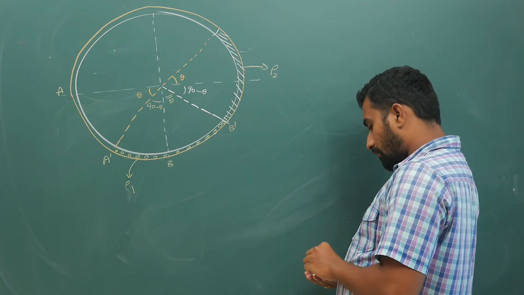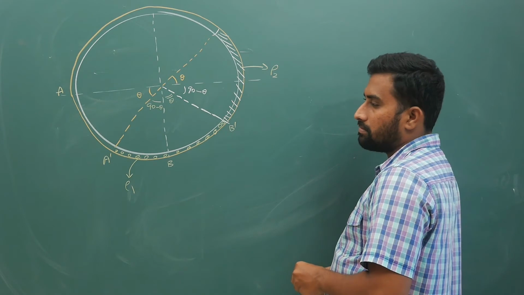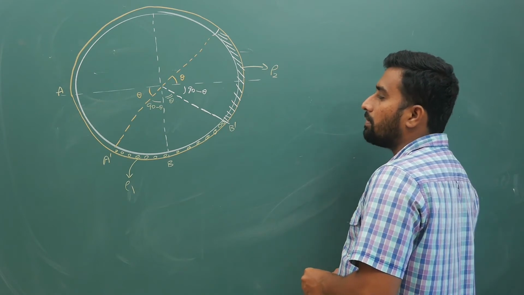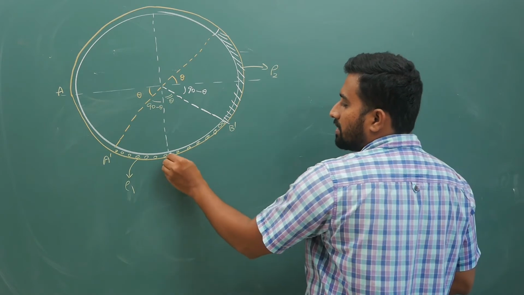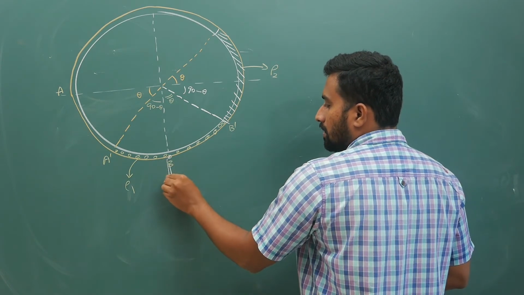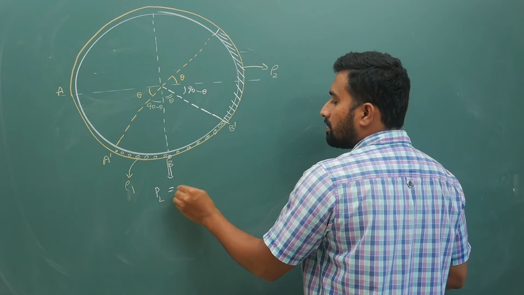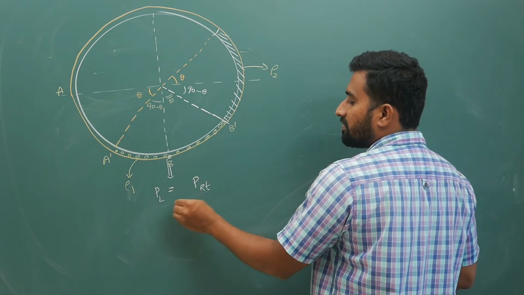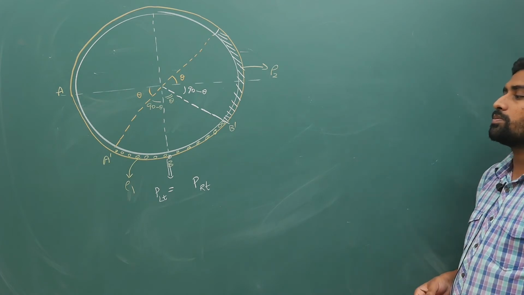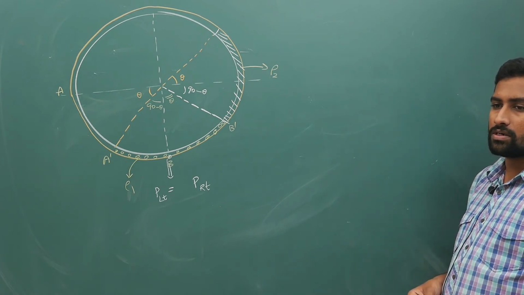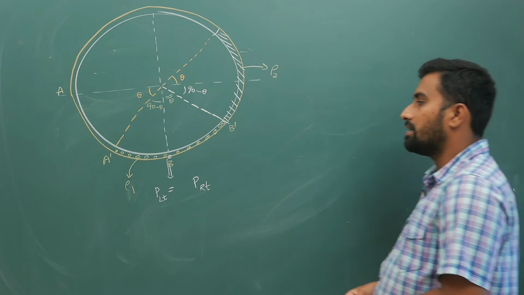Now, when liquid is in equilibrium, remember an important point: if you take this point at the bottommost point, pressure from left is equal to pressure from right.